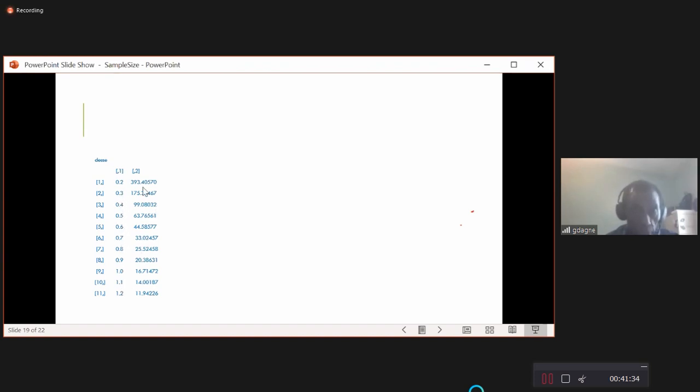The column on the right side has the corresponding sample sizes. So I can see that as the effect size gets smaller and smaller, a larger sample is needed to detect that effect.